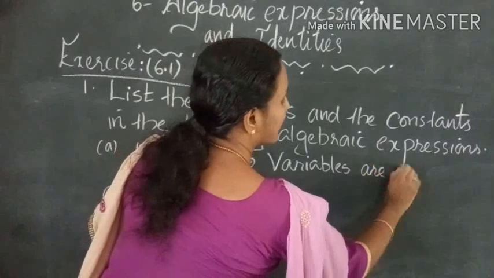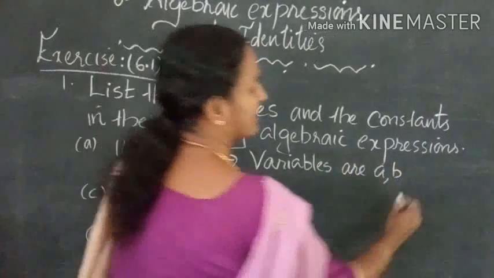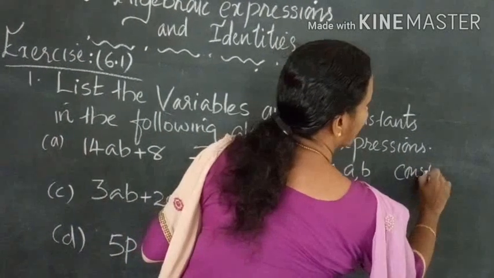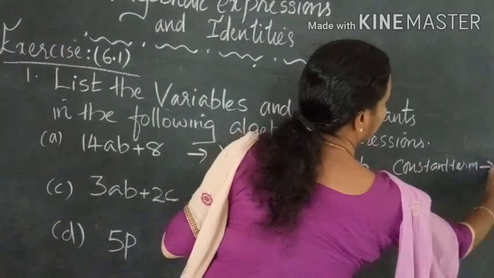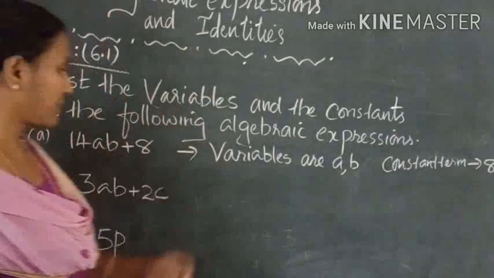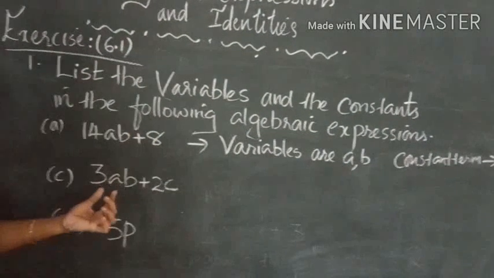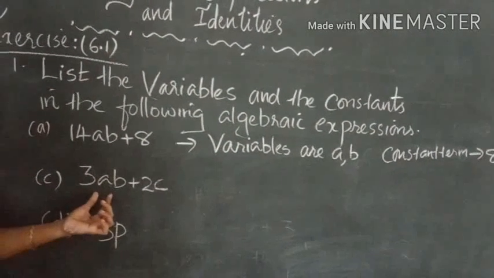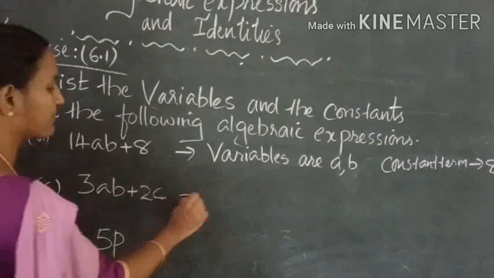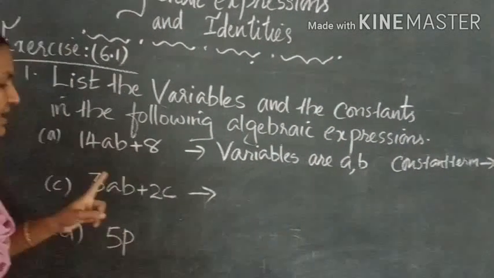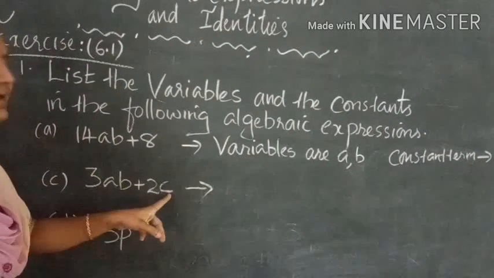Variables are a, b, constant term 8. The next option, 3ab plus 2c. Here the variables are a, b and c.